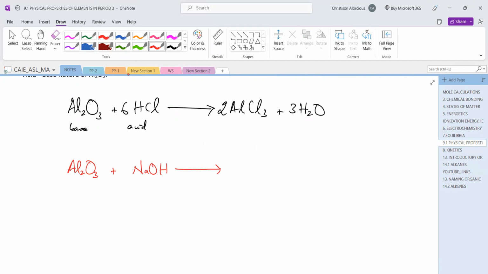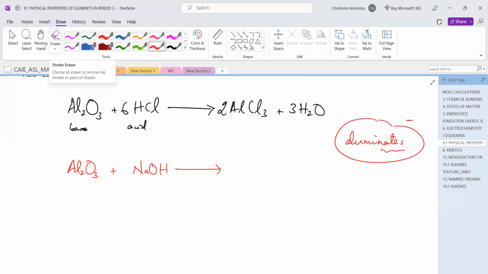It forms compounds which are commonly called aluminates. The ATE ending tells you that aluminium is combined with oxygen, and also that aluminium is part of an overall anion, a negative ion. So aluminium and oxygen put together form an anion.